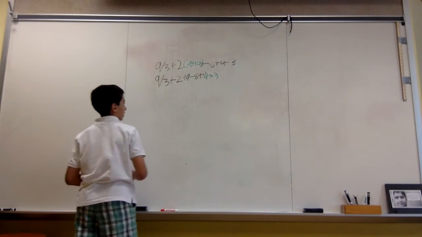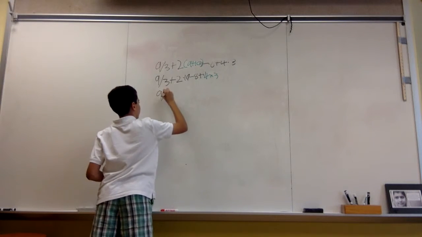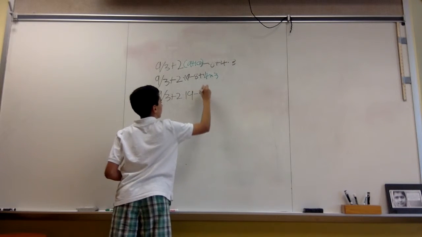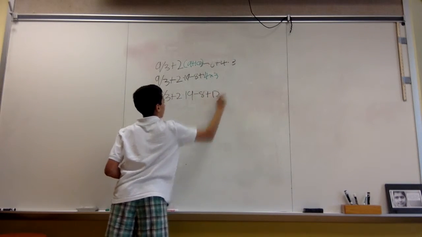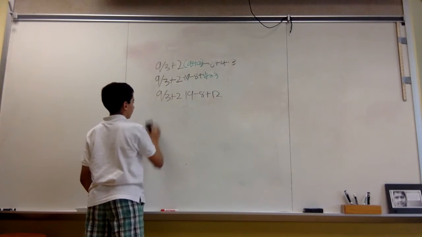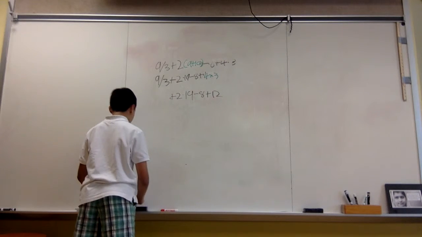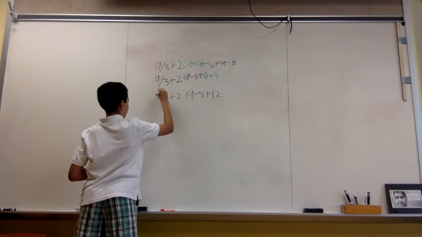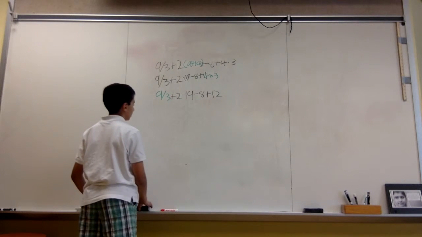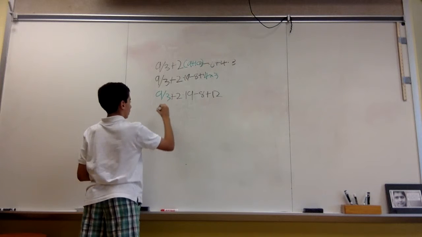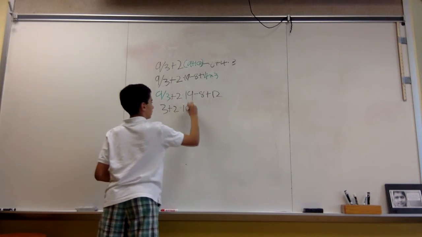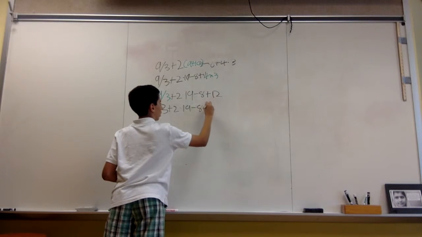So now that breaks down to 9 divided by 3 plus 2 times 19 minus 8 plus 12. And then we'll do another. This time we'll do 9 divided by 3. And then that'll get us 3 plus 2 times 19 minus 8 plus 12.